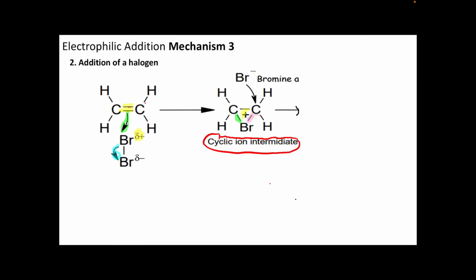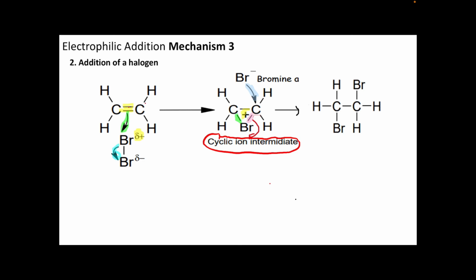Overall, that ion has got a positive charge. It's electron deficient. So what happens now is our bromide ion comes in and it donates a pair of its electrons to form a bond with that carbon. And the bond that you can see there in pink, both of those electrons move on to the bromine.